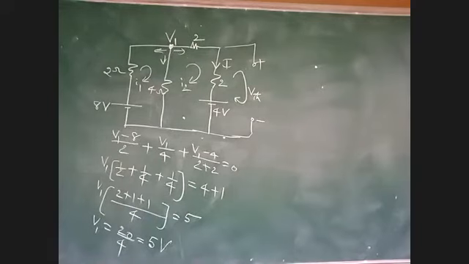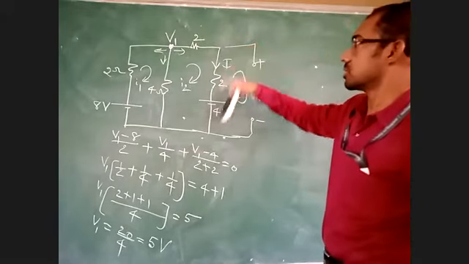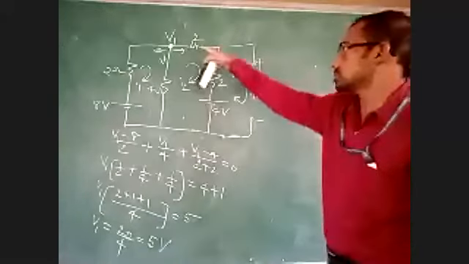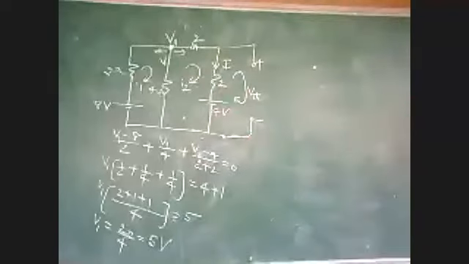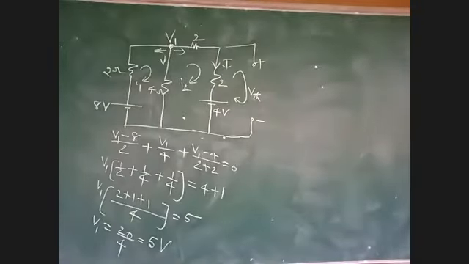Assume all the currents are leaving from the node point. Suppose if current divides here, if there is another branch, then this will become another node. Since current is not dividing, it's entirely one branch. What is the problem? Any doubt?